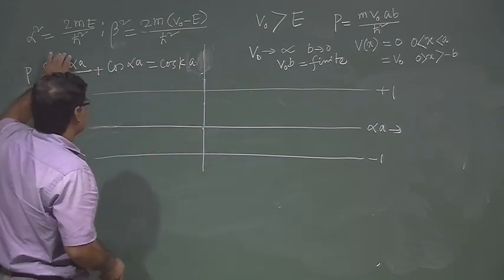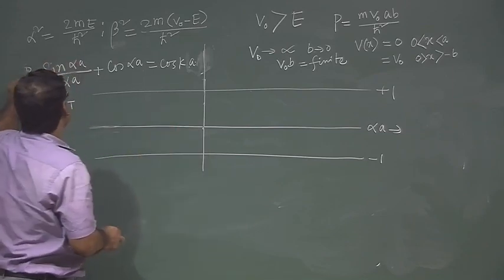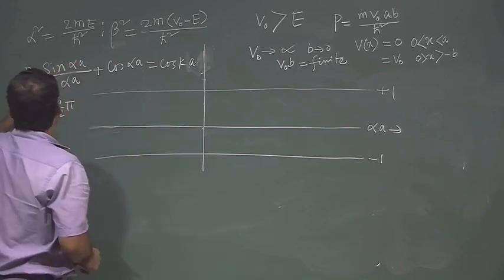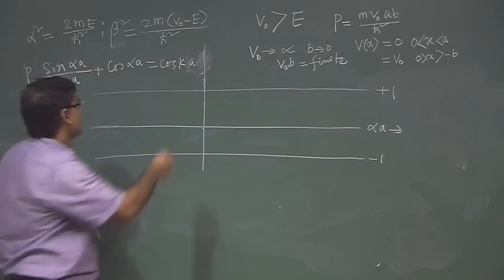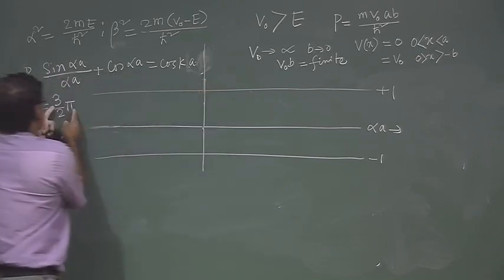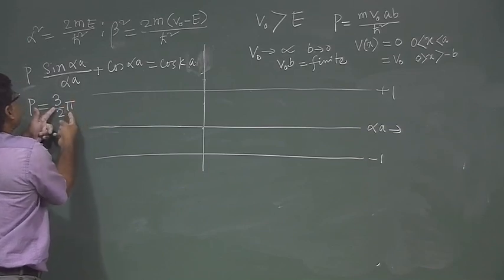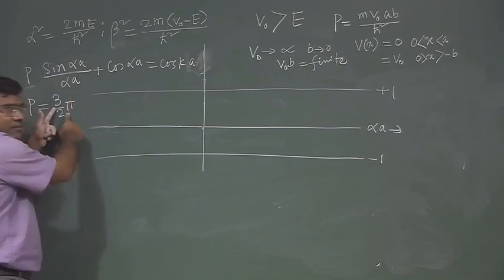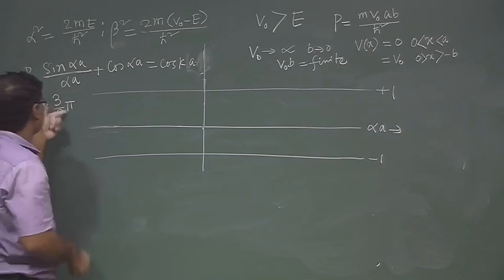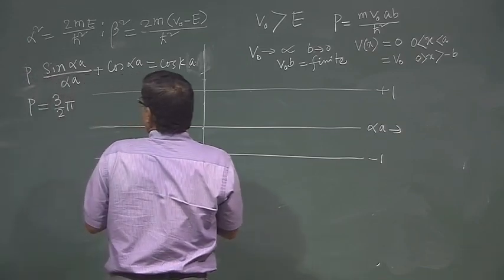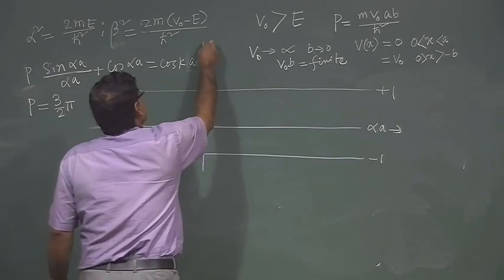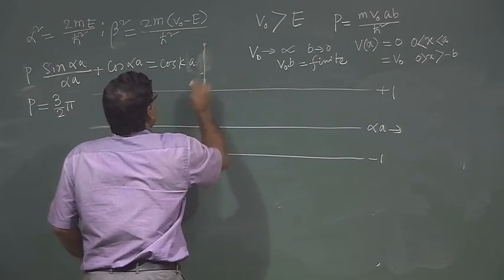So, at 0 it is 1. So, whatever the p value 3 by 2, this is just what we have taken, you can take any other value also. So, this value definitely is higher than 1, right. It is almost 4 to 5 times of 1. So, its value is here, say, okay.